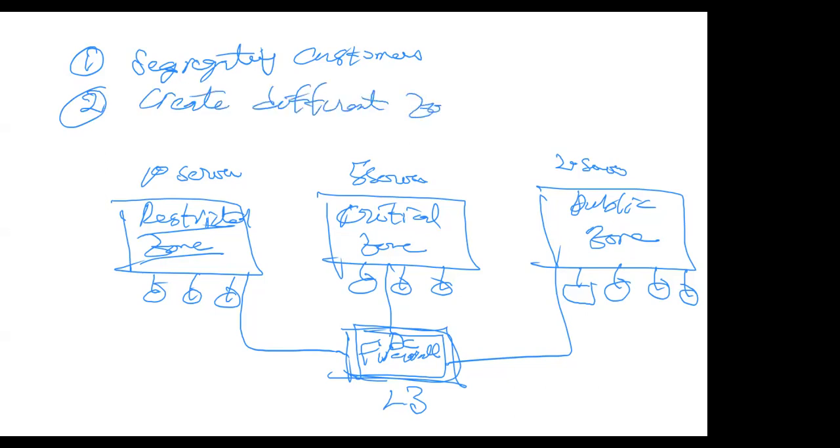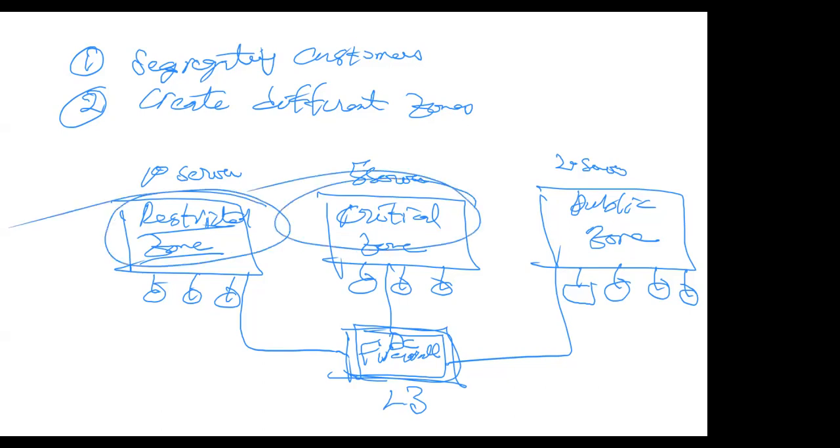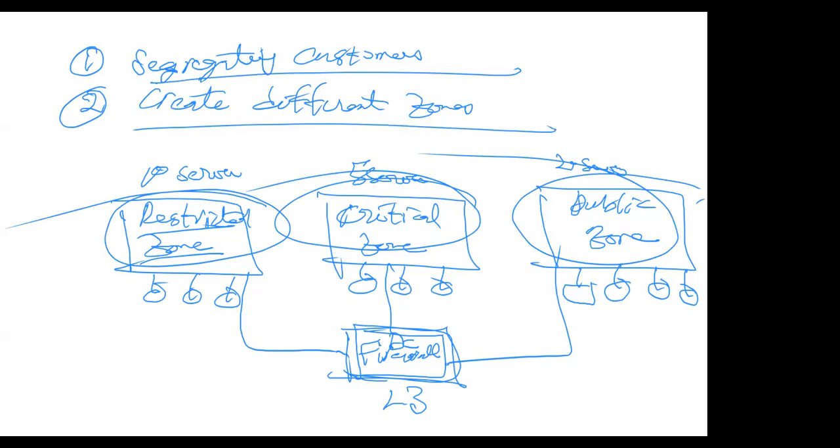For example, you have DMZ, you have internal, and as we mentioned here, I have a restricted zone, critical zone, public zone, and so on. These are the features required and important for the cloud service customer for using the VLANs. This is very important: segregate customers and create different zones.